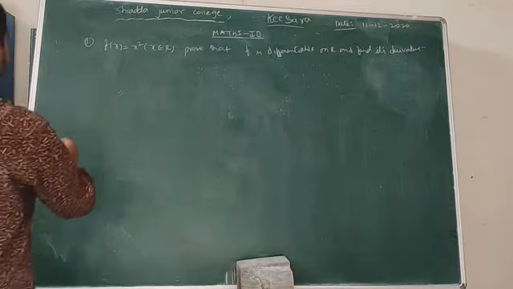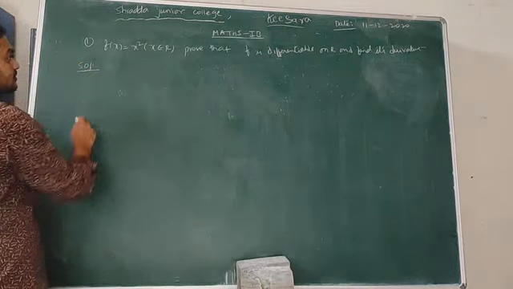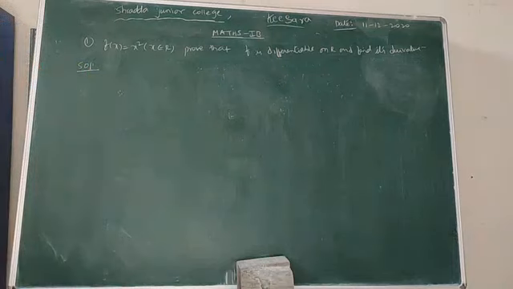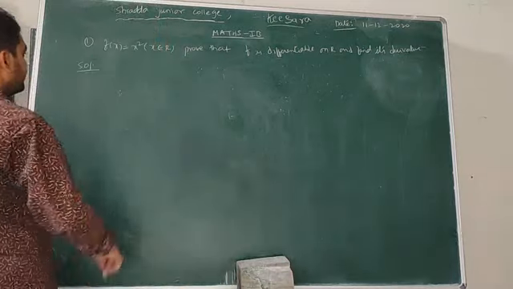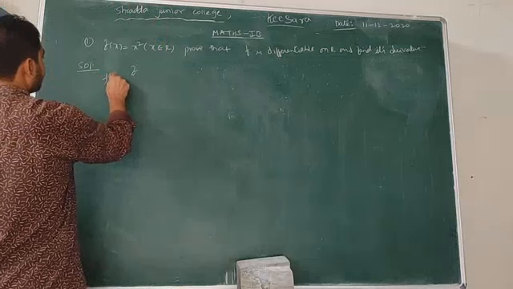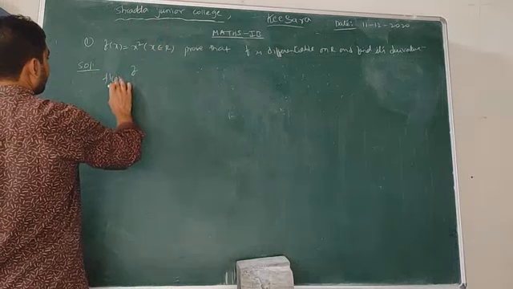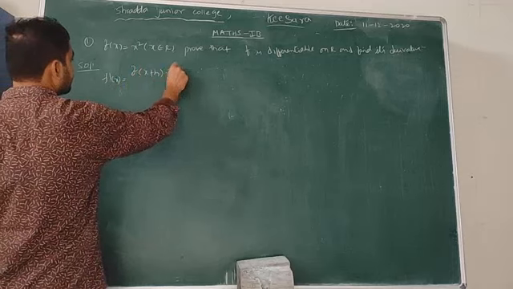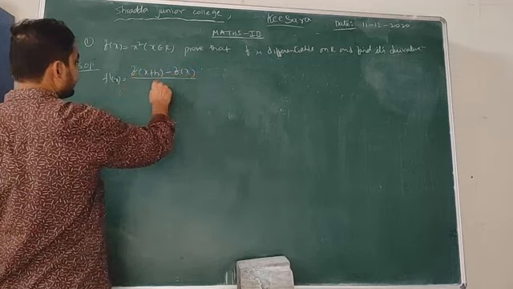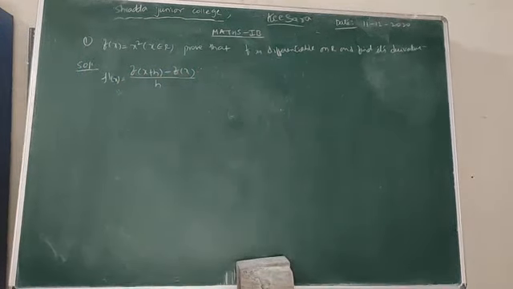See here. What is given here? f of x equals x square, x belongs to capital R. We have to prove that f is differentiable on capital R and find its derivative. See here, that is f dash of x equals f of x plus h minus f of x by h.